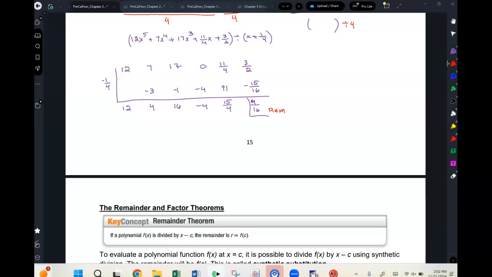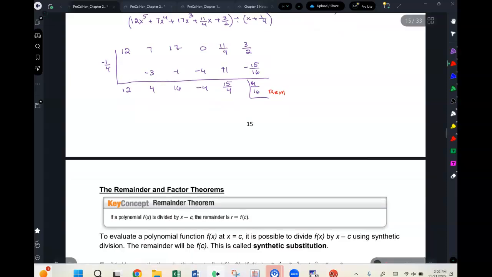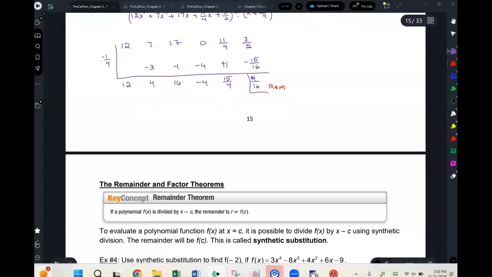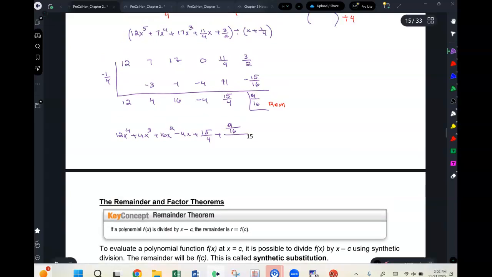Now, what's our answer? 12x to the what? 4. Plus 4x cubed plus 16x squared minus 4x plus 15 over 4 plus 9 over 16 over x plus 1 over 4.